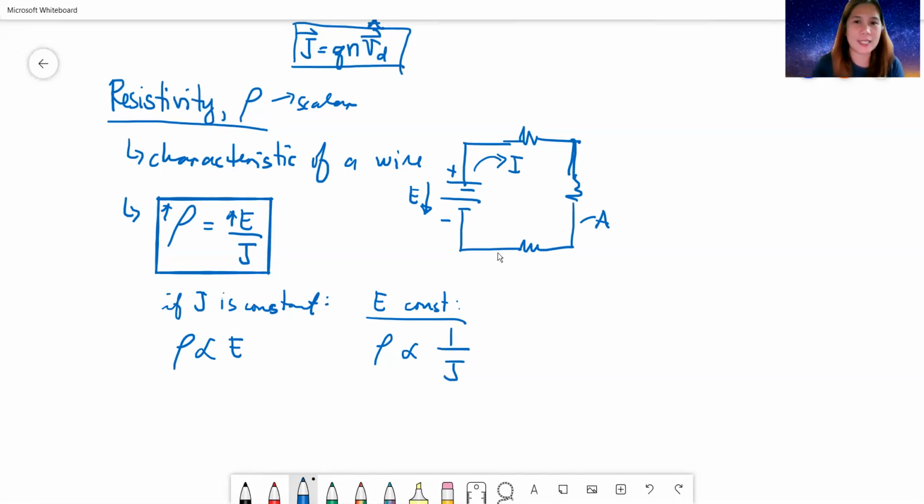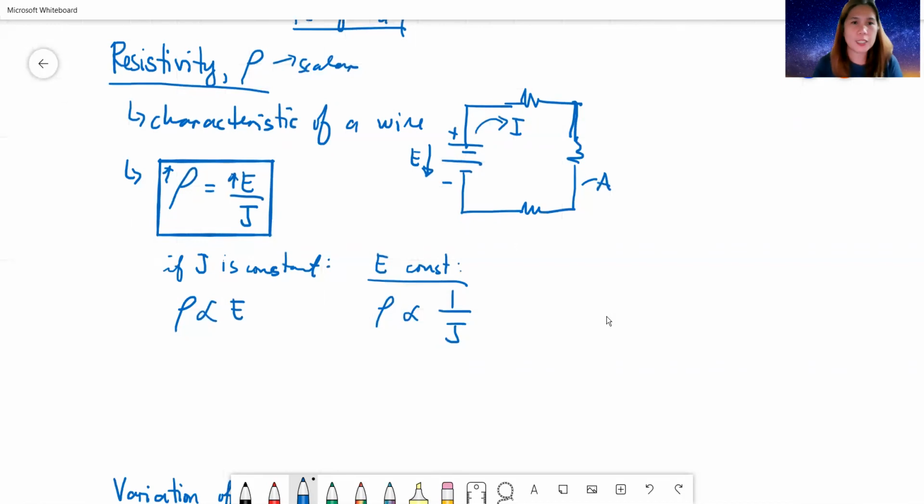Now, the unit for resistivity. Electric field is volt per meter, and the reciprocal of current density is square meter per ampere.